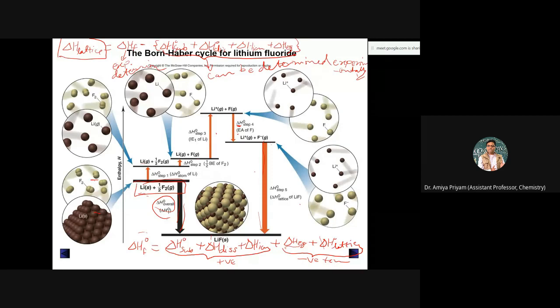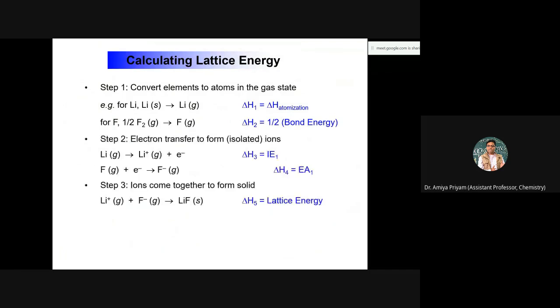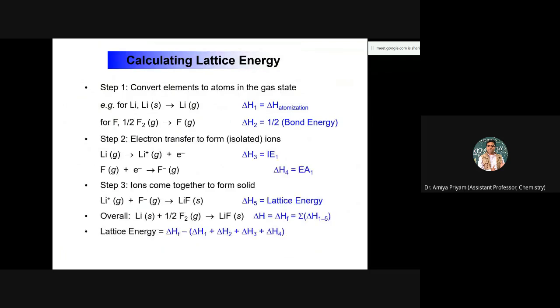In this manner, if all other things are determined experimentally, this particular thing can be calculated simply by following this pattern of subtraction. So that is the importance of all the terms that have been shown. Lattice energy is a simple subtraction of all other terms from this.